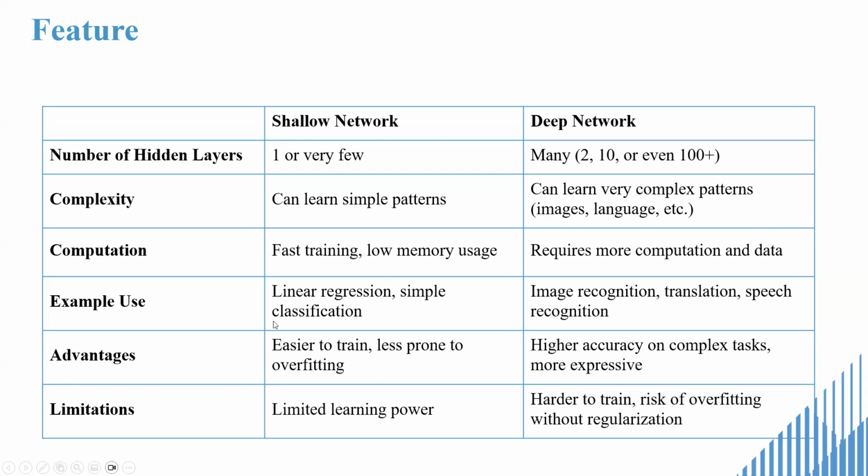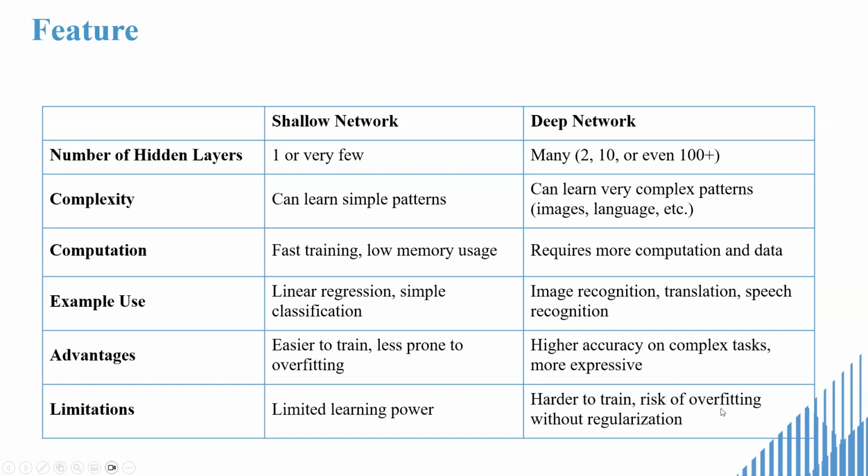Examples for shallow are linear regression and simple classification, but image recognition, translation and speech recognition are deep. Shallow is easy to train and less prone to overfitting, while deep has higher accuracy on complex tasks, but is more expensive because you have to use GPUs, and more expressive, so harder to train with a risk of overfitting without regularization.